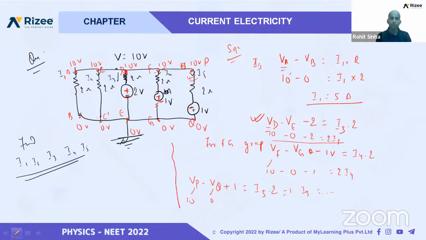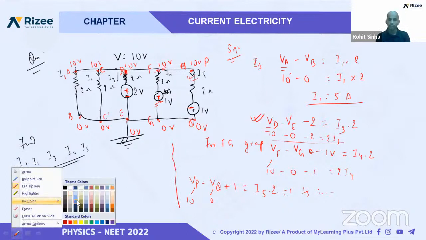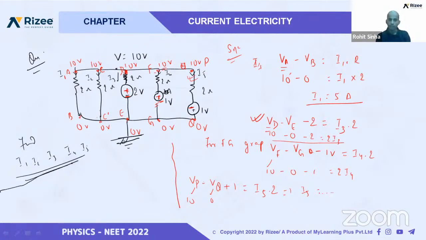Similarly, I will show you one more method, because I think it will be very useful for you if you go through a good circuit. Suppose you have to apply Kirchhoff's law.